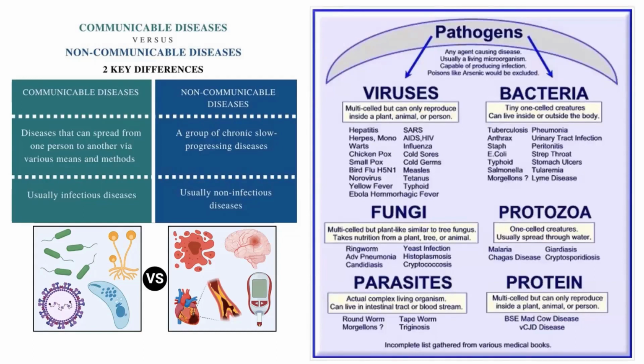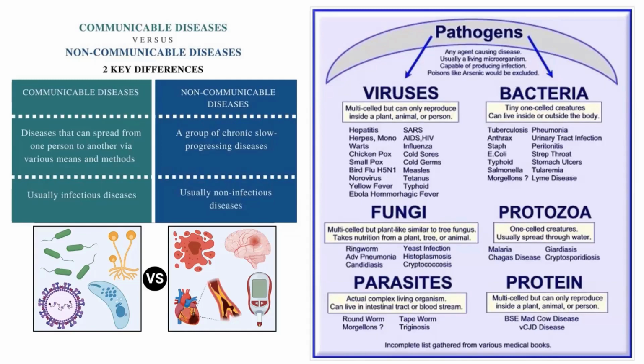Our target will be on communicable disease here only. The most important thing that is involved in the communicable disease is actually pathogens. A pathogen is any foreign body which is actually causing the disease, which is going inside the organism, which is not part of that body, and it is causing some changes in the structure and function of the cells.